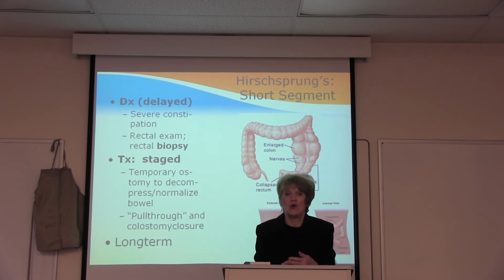Now, what are you likely to be asked about Hirschsprung's? Well, I want you to know what it is: a congenital absence of nerve cells affecting variable lengths of the bowel. I want you to know that diagnosis is by rectal biopsy.